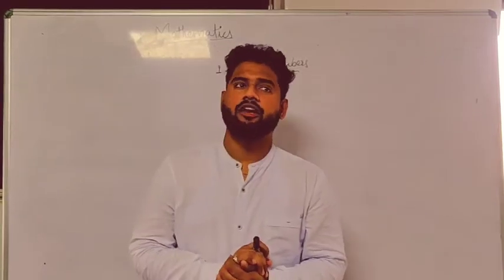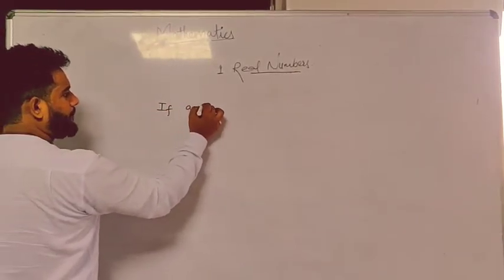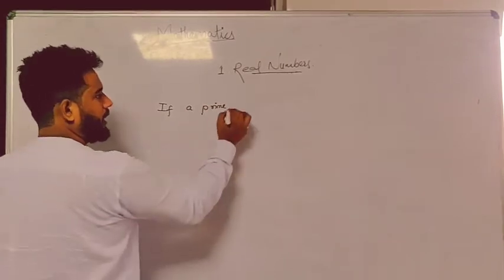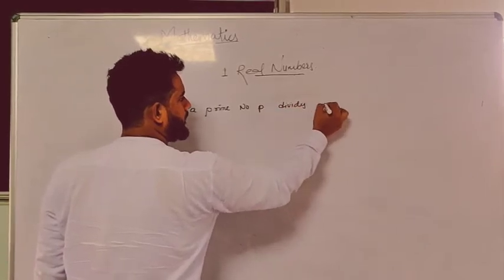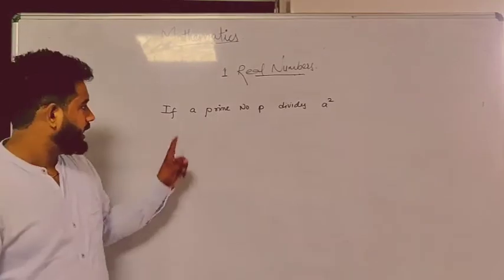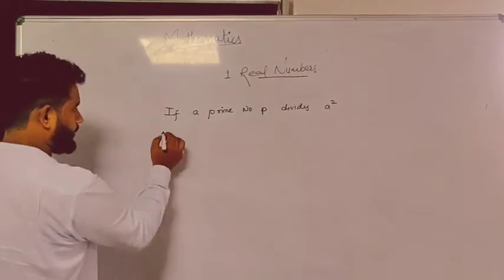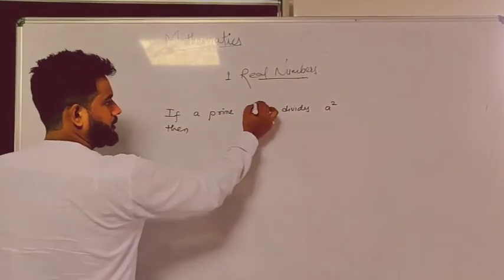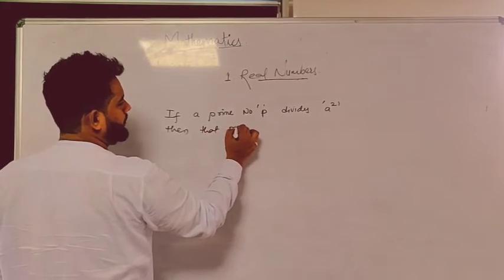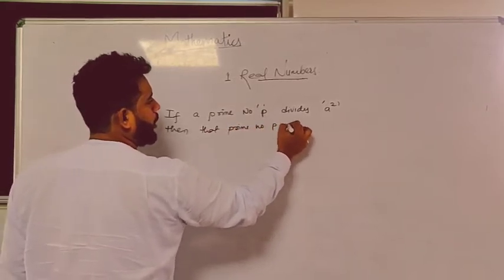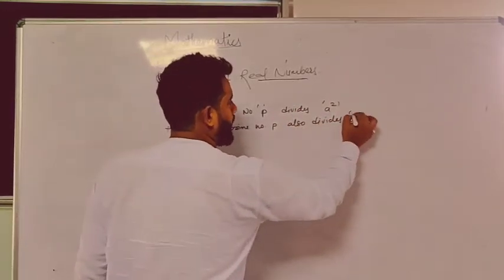Now what are those theorems? So the very first theorem you have to remember: if a prime number p divides the square of any number a, try to understand, if a prime number p divides a squared, then that prime number p also divides a, that is the square root of that number.